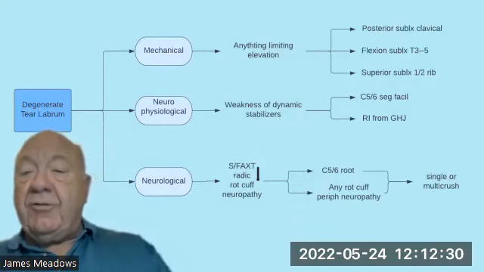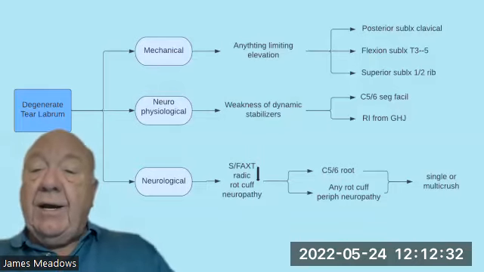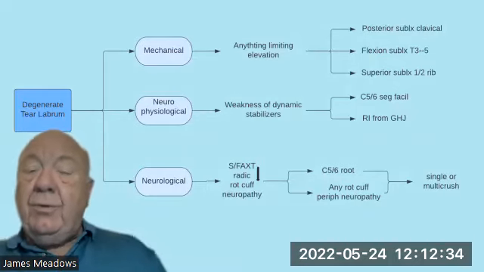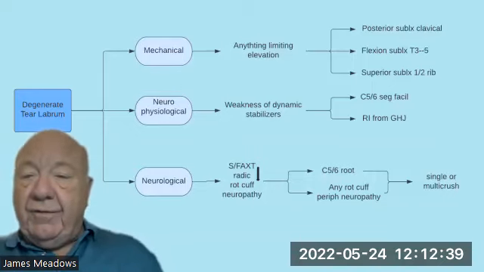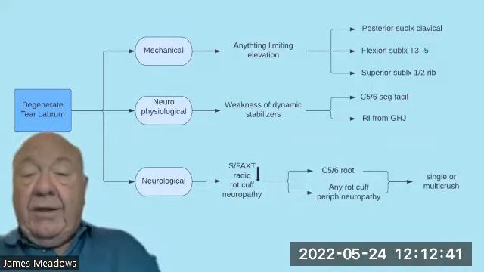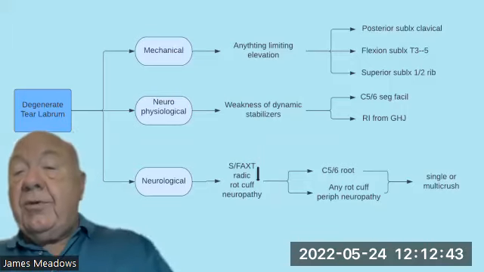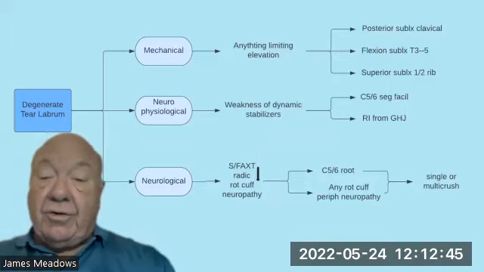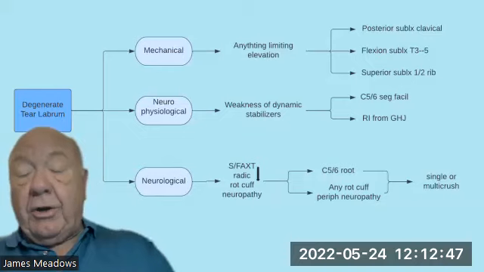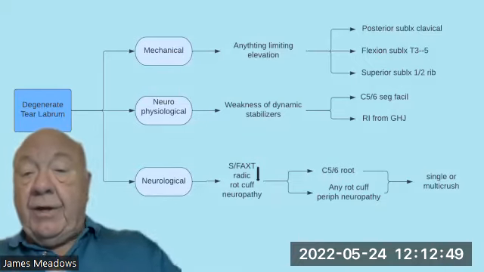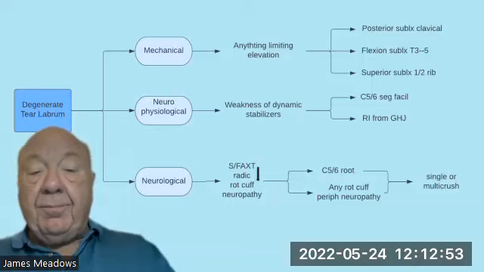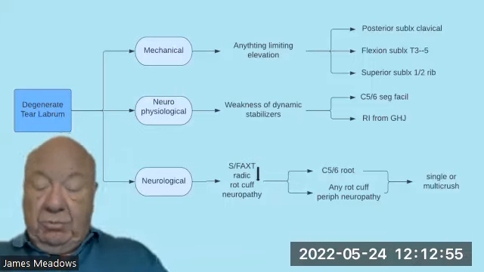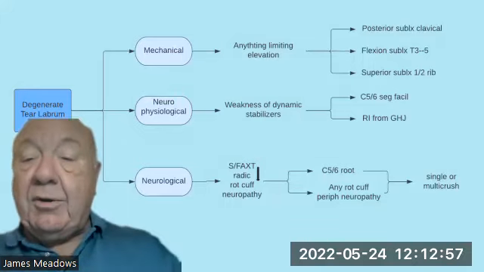Flexion subluxation of T3 to 5, where you need extension and ipsilateral rotation of the vertebra to accommodate that elevation, or a superior subluxation of the first or second rib are very potent in blocking elevation. So any of those could give you mechanical stress on the labrum that may degenerate it.